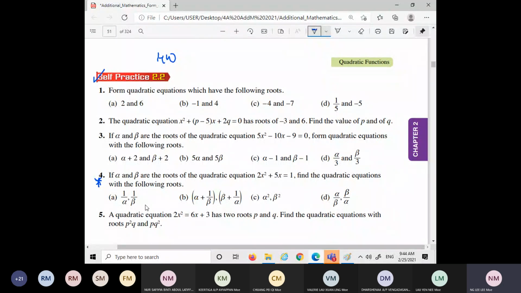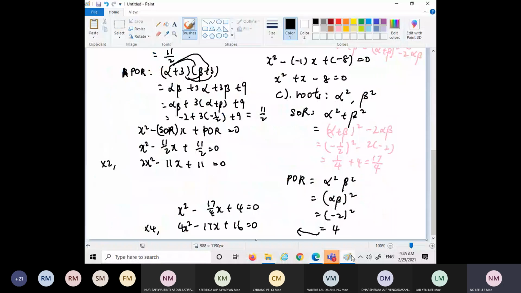You see, all these are quite complicated. Question 3 looks okay, question 4 is more complicated. So we discuss a bit now, so that when you do the exercise you can do it smoothly. I'll call your name for the questions you can answer, and for the questions that you need my help with, I will help you.